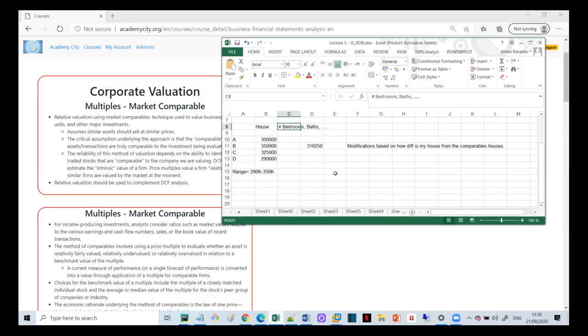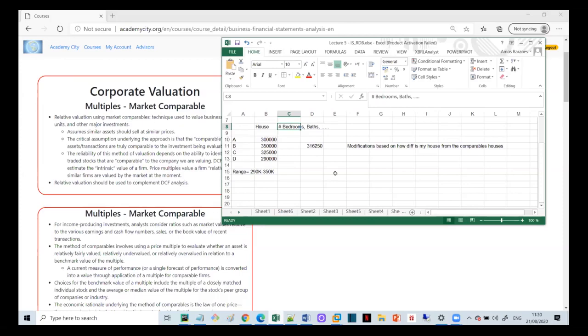The method based on discounted cash flow is really trying to find the true value of that house based on how much benefit it will give to the family, or if I'm going to rent it, how much income I will make out of it. That's really what the discounted cash flow method does. In relative valuation, we are more interested in finding the true value based on transactions that recently happened in the market. That's the major difference between the two methods.